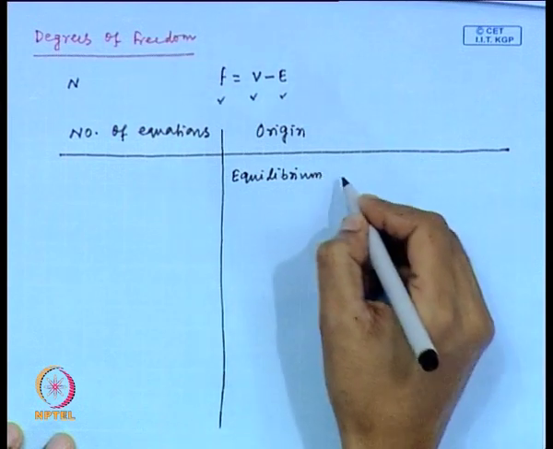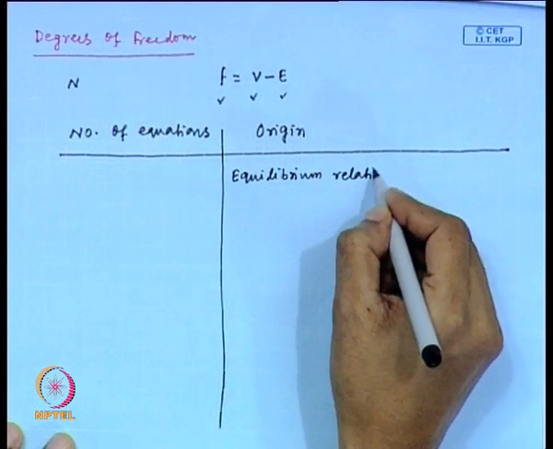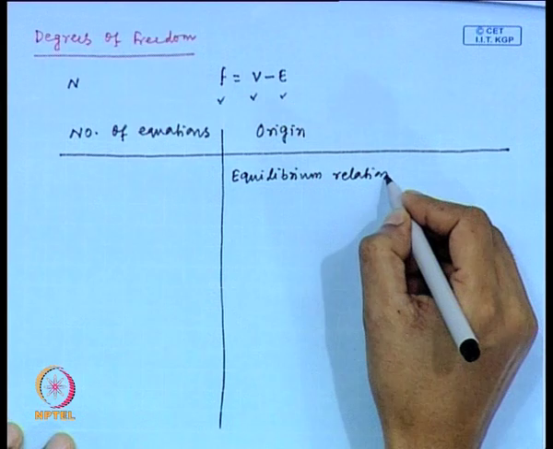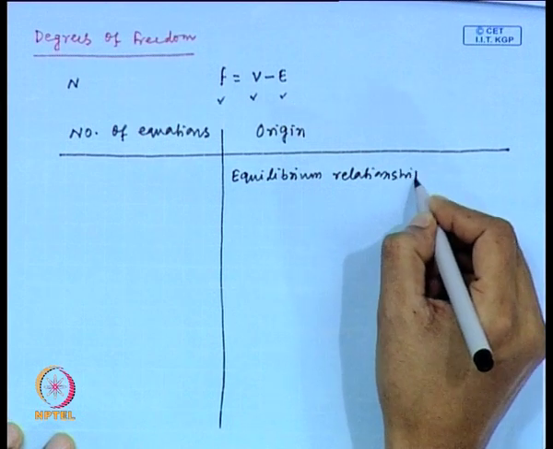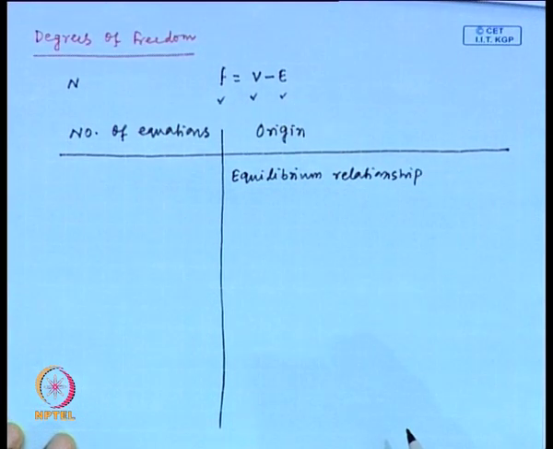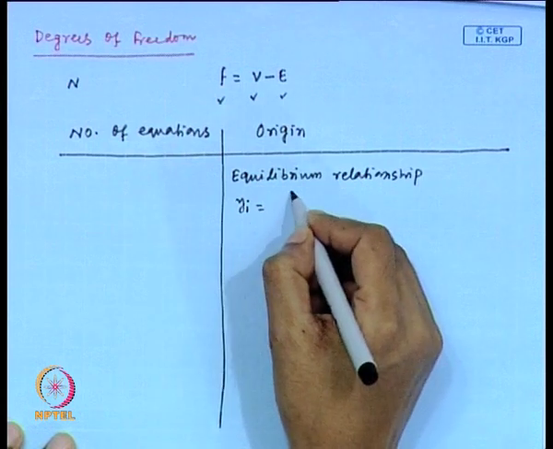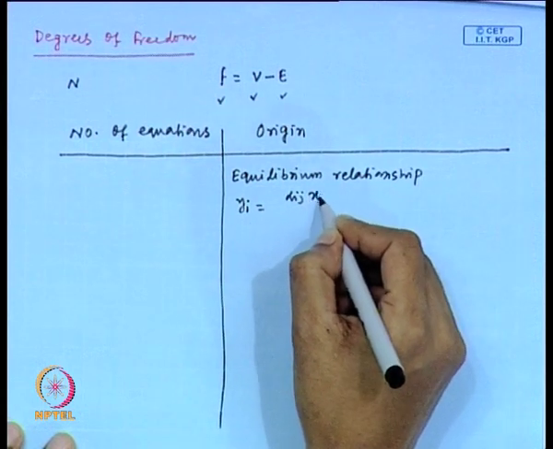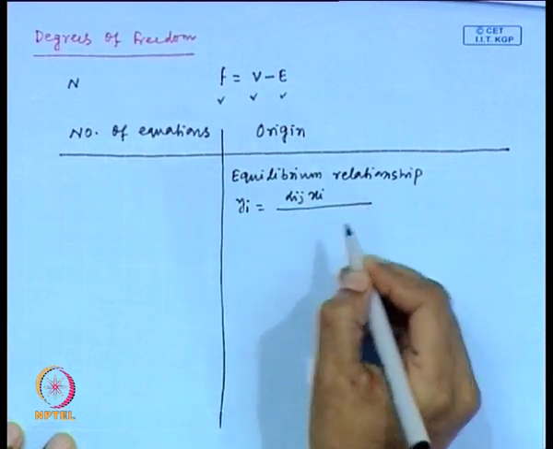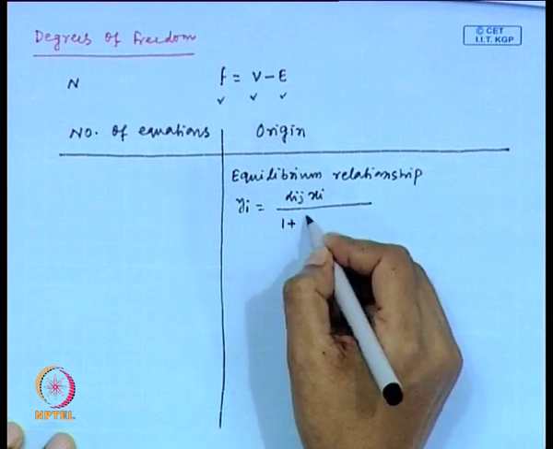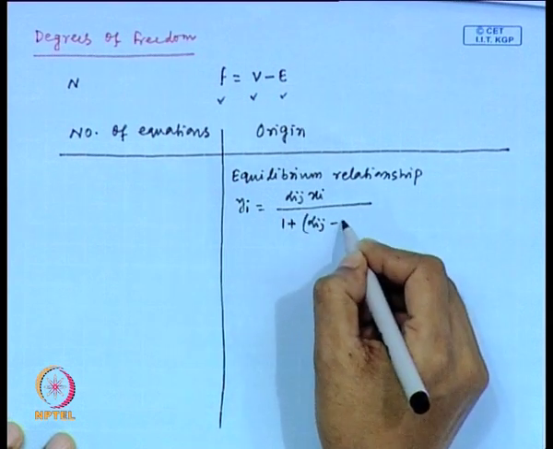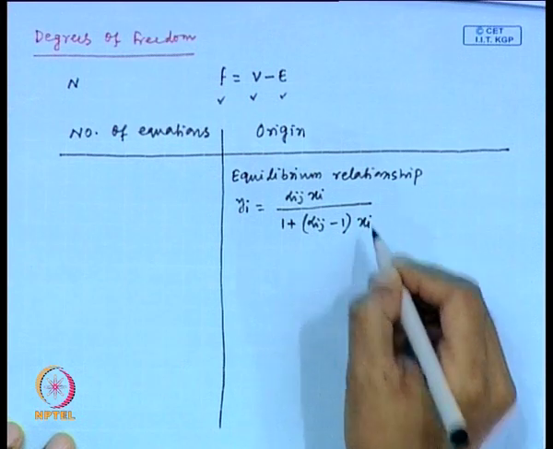What is the equilibrium relationship we have considered for the example column? That is y i equals to alpha I j x I divided by 1 plus alpha I j minus 1 into x I.